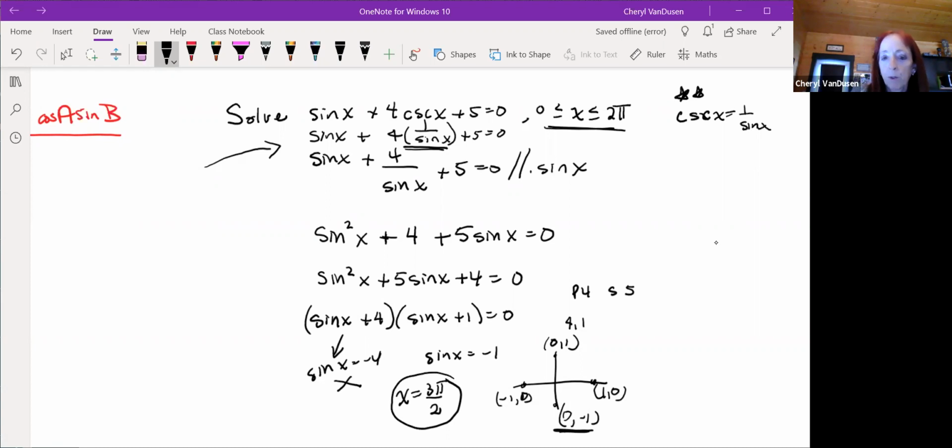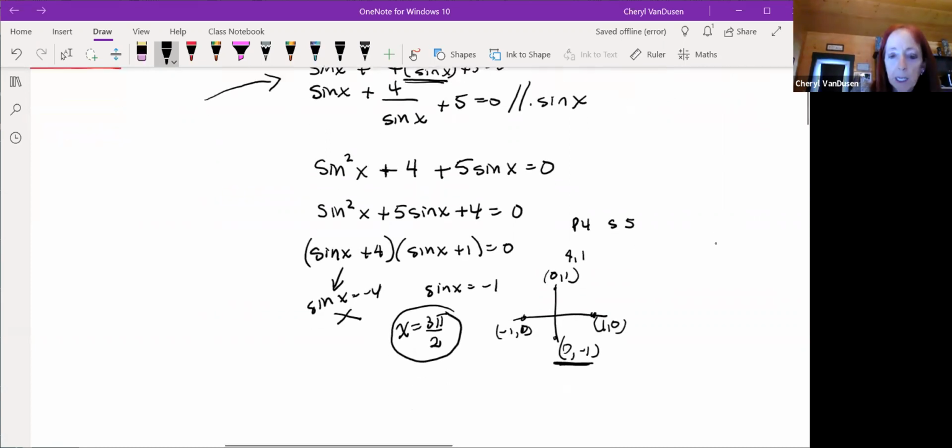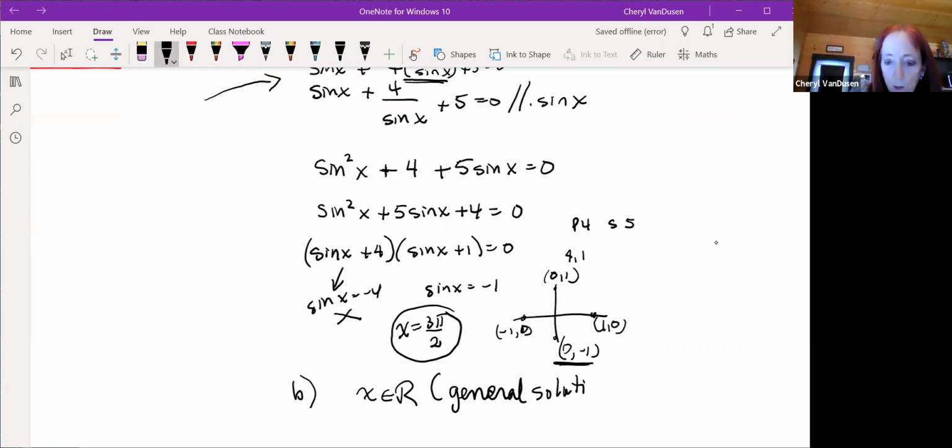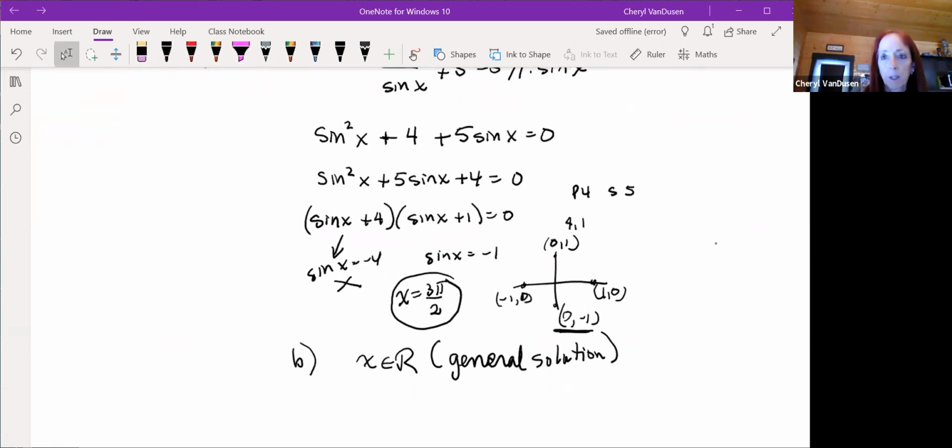Now, if we're asked to do a part B, and because they'll do this, they'll say, do the same question, but now do it over the real numbers. Okay, and that just is another way of saying do the general solution. General solutions sound complicated, but they're actually super, super easy. It just means we want to get to our answer and then add a rotation as many times as we want.